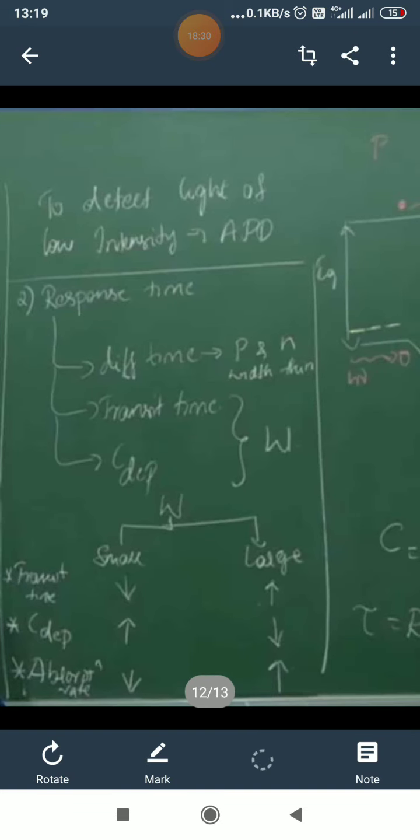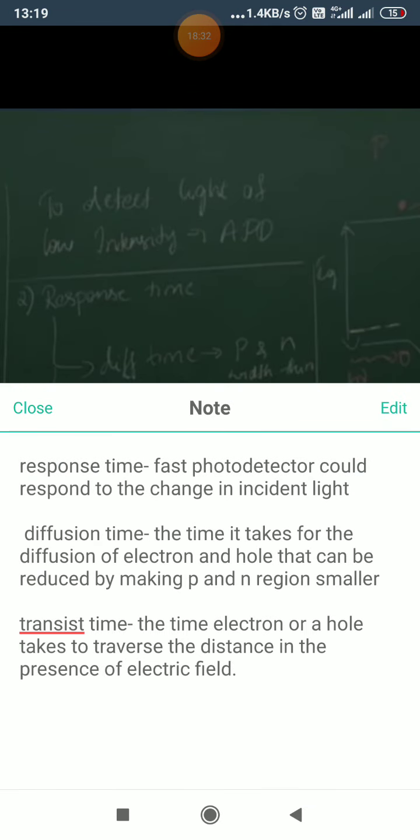Response time is how fast a photodetector can respond to a change in incident light. How this photodetector will respond to the incident light, how fast it will respond to a particular light, that time we call response time.